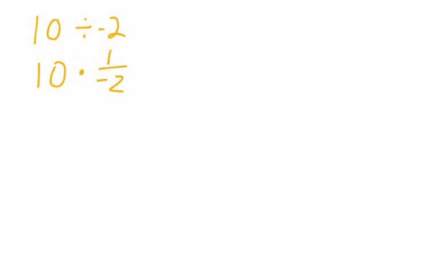Either is fine, but for consistency, let's put it down there. So 10 times 1 is 10, 1 times -2 is -2, and then we know 10 divided by 2 is 5, and a positive times a negative gives us -5.